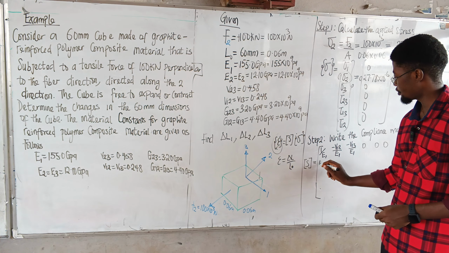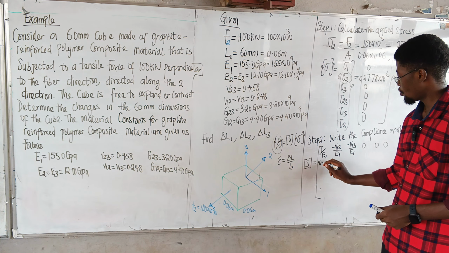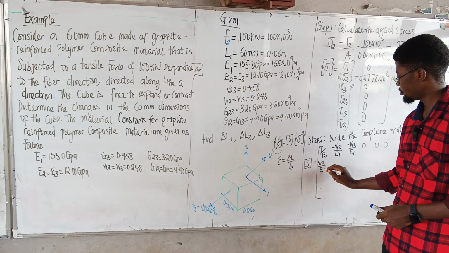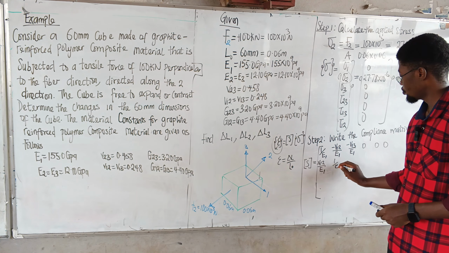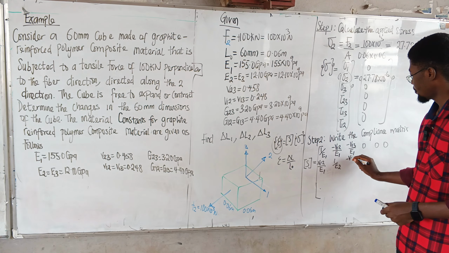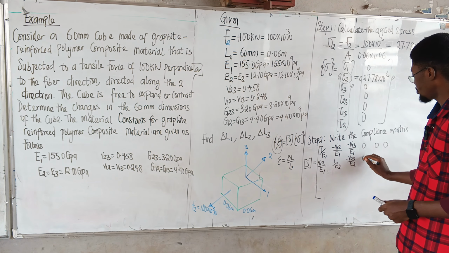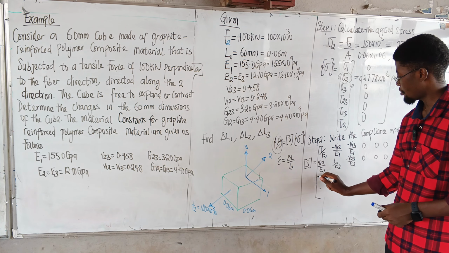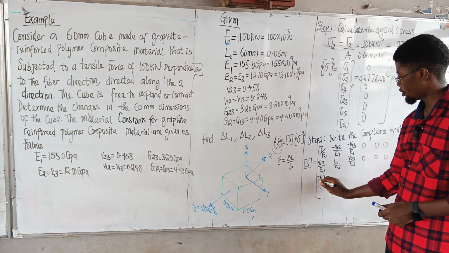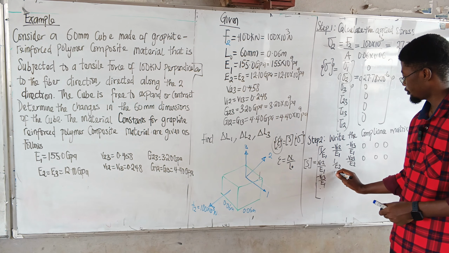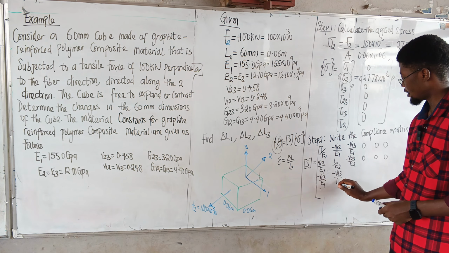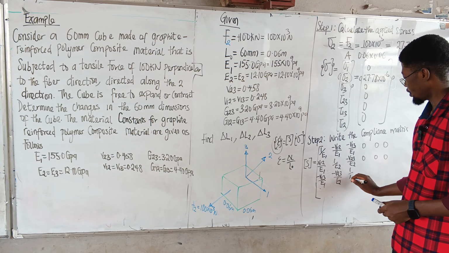Here you have minus V12 over E1. You have 1 over E2. You have minus V23 over E2. The remaining are 0. Then you have minus V13 over E1. You have minus V23 over E2. You have 1 over E2.